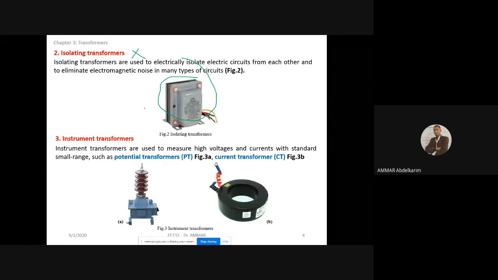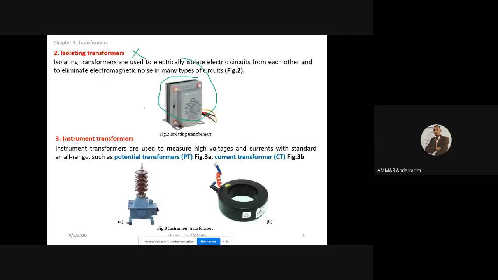These transformers are placed in such electric installations just to provide a physical isolation between two circuits in order to eliminate noise, or they can also be used for protection purposes. In such electric circuits or installations, we use those transformers.